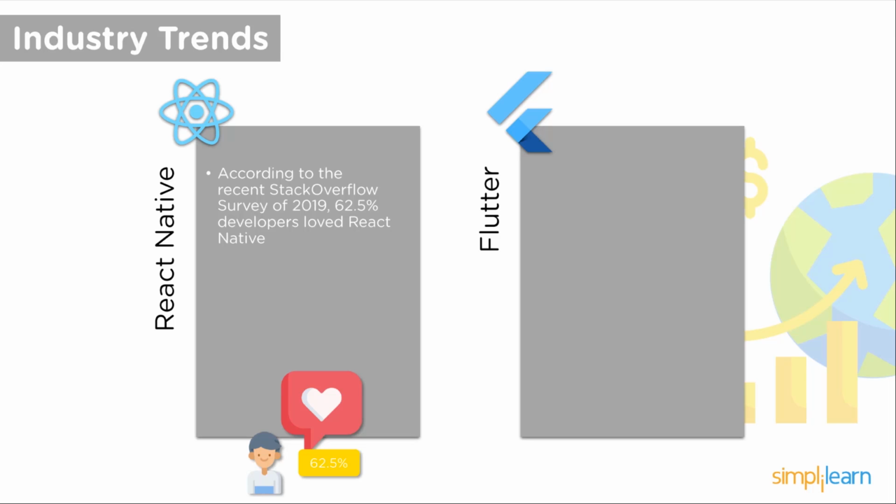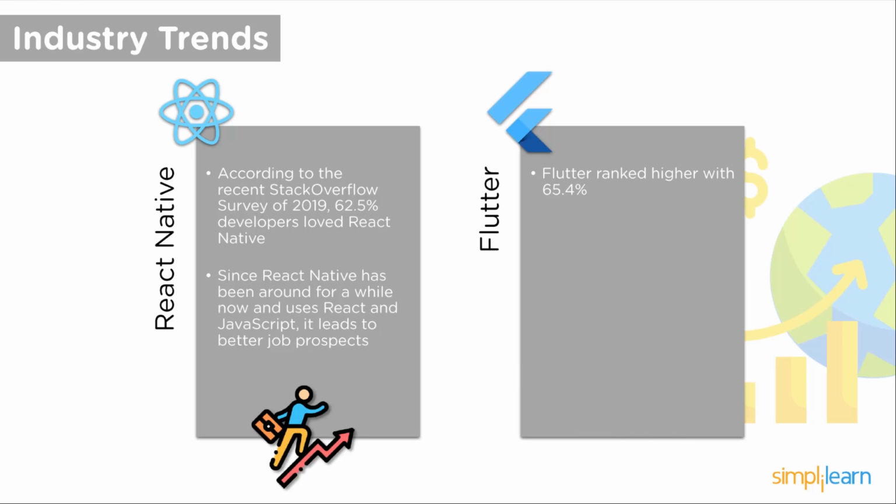So again, getting back to Stack Overflow, which is the benchmark for understanding technology trends in the IT sphere and on software development. If you look at a recent survey conducted in 2019, 62.5% of developers seem to have shown interest in React Native, as compared to a marginal rise of 65.4%, where Flutter seems to be doing much better.